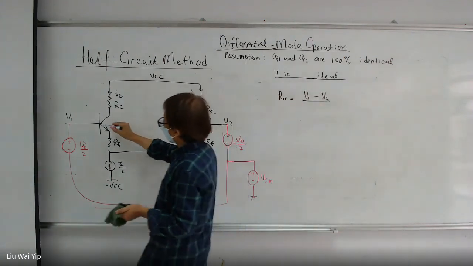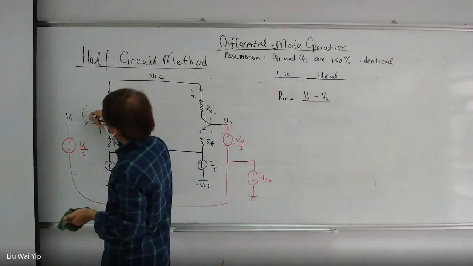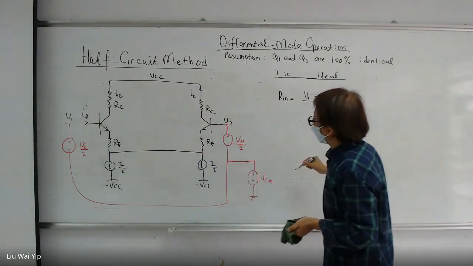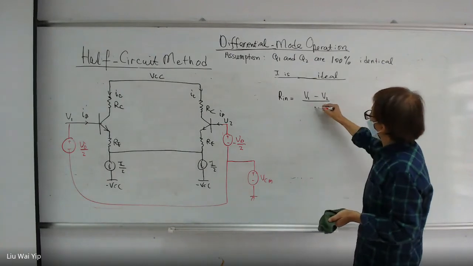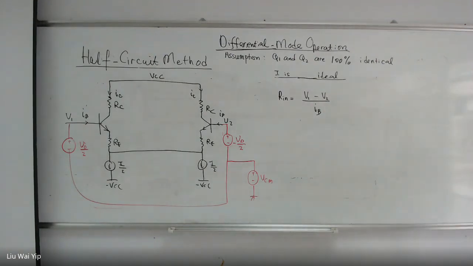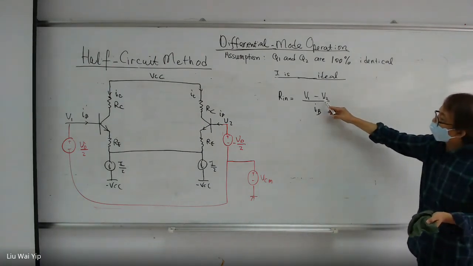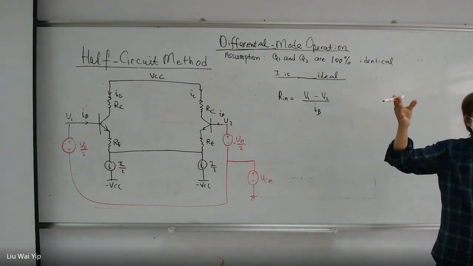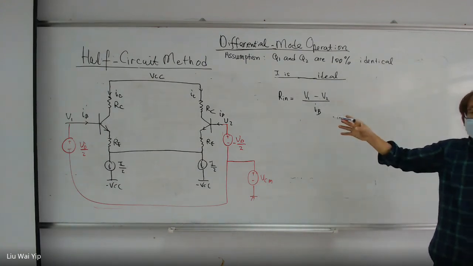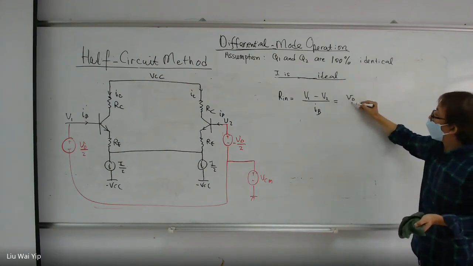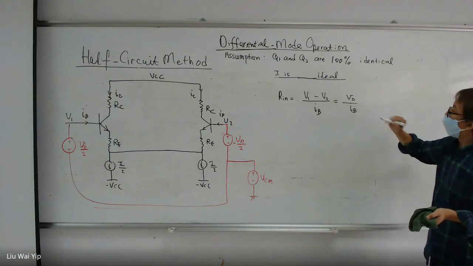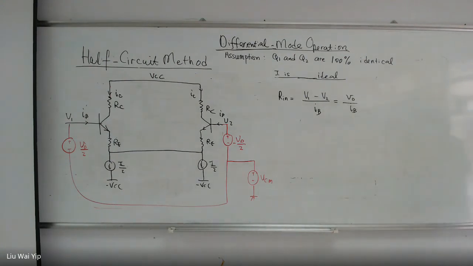What is the current? The input current, IB. So this is what we are going to get. Now, do you agree that V1 minus V2 is VD?